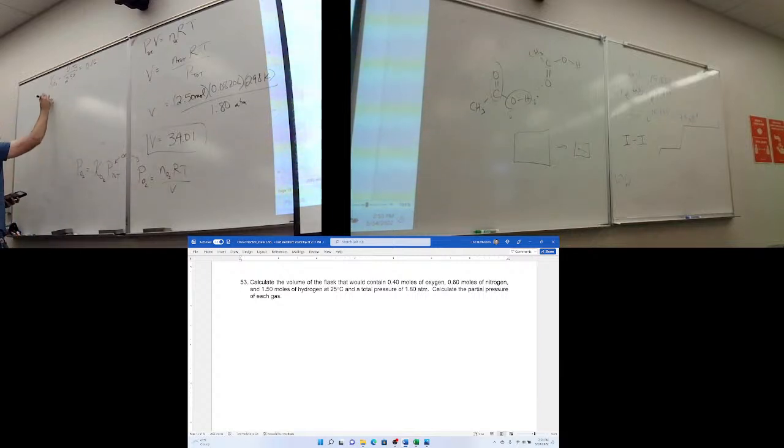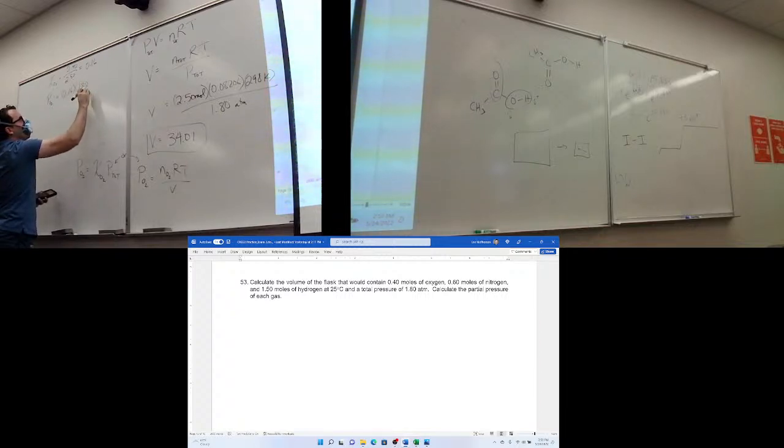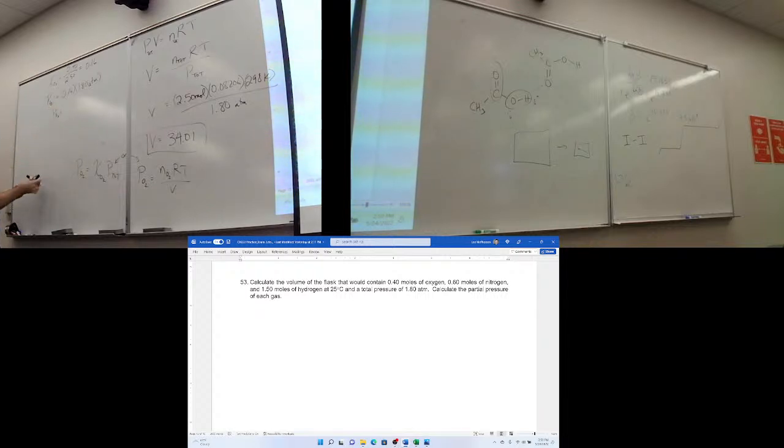And so the partial pressure of oxygen is mole fraction 0.16 times total pressure 1.8. And so the partial pressure is 0.288, so 0.29.